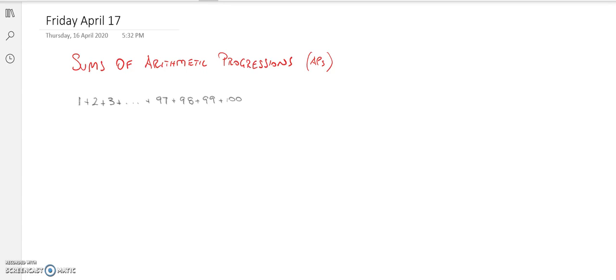What did he do? Well, if we did a little reorder, and this is what Gauss did, and perhaps you can work with me on this. If we reorder these into pairs, so we have a look at perhaps this pair of numbers here, 1 and 100, right? So we say, right, well, let's reorder this sum. So it's 1 plus 100, all right, and then we'll add up this number here and this number here.